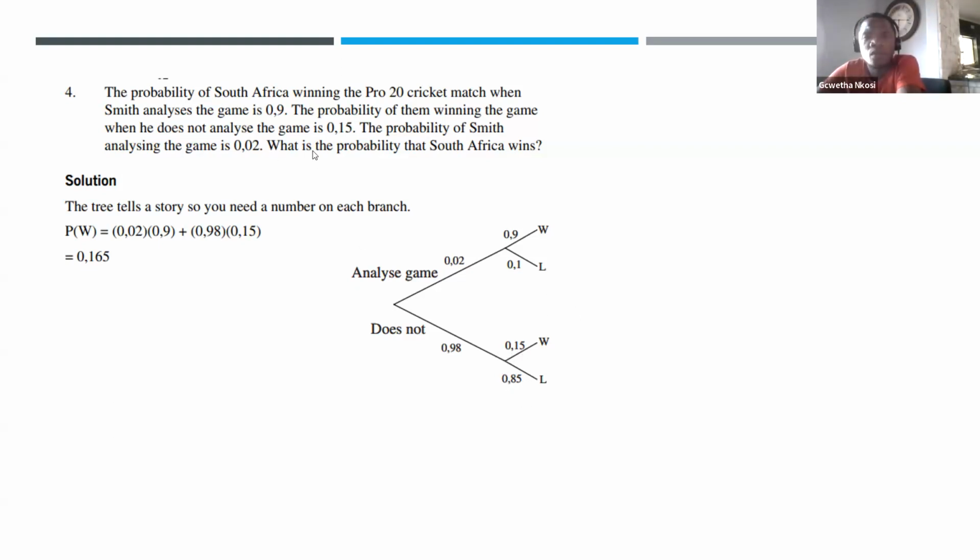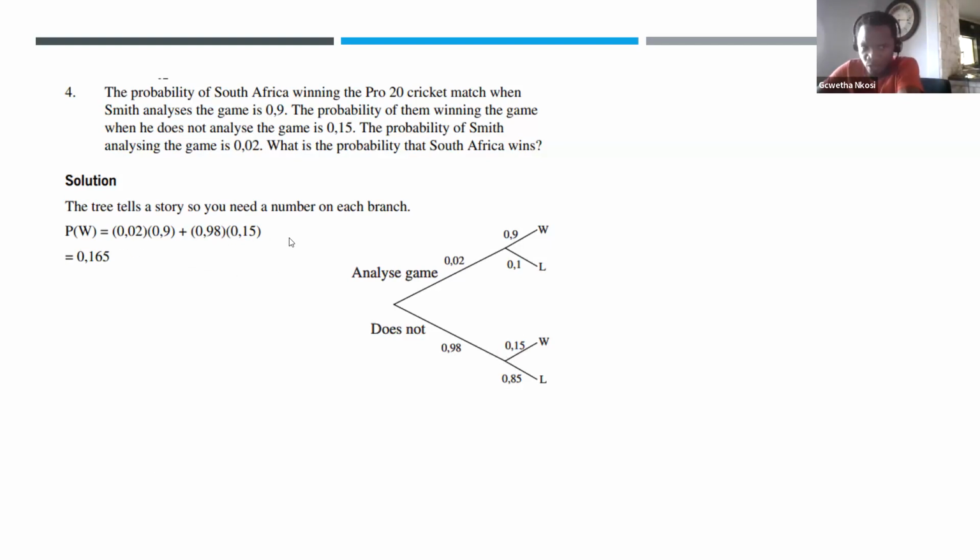Now, what is the probability of winning? So now we take along the wins, where your outcome is win. So it is 0.02 times 0.9 plus 0.98 multiplied by 0.15.